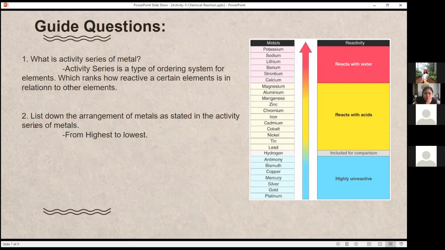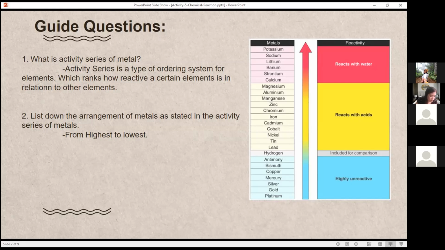So number 2, list down the arrangement of metals as stated in the activity series of metals. This is from highest to lowest. As you can see here in our picture, the highest reactivity is potassium, while the lowest reactivity or unreactive is platinum.